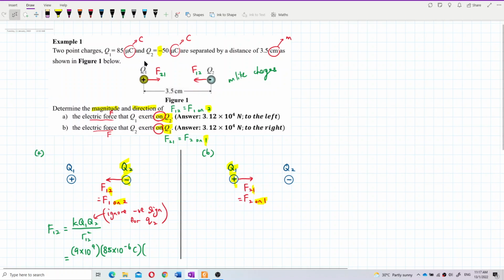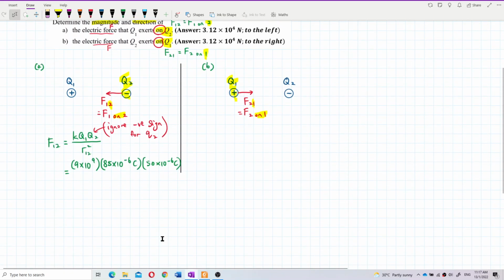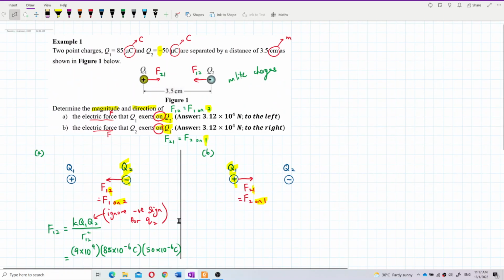So it's 50 exponent negative 6 coulomb. We don't want the negative sign, although it is a negative charge, because we just want the magnitude, the value. The magnitude is always a positive value, isn't it?